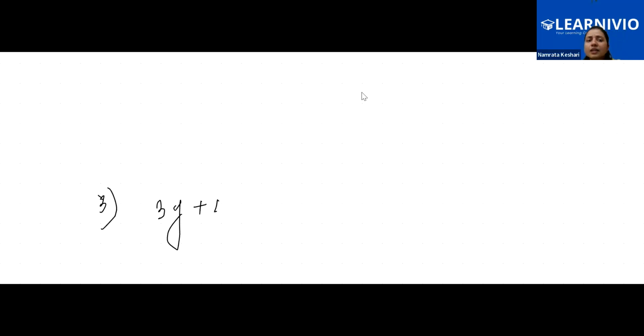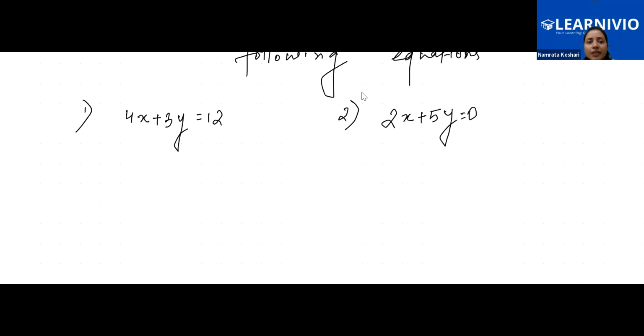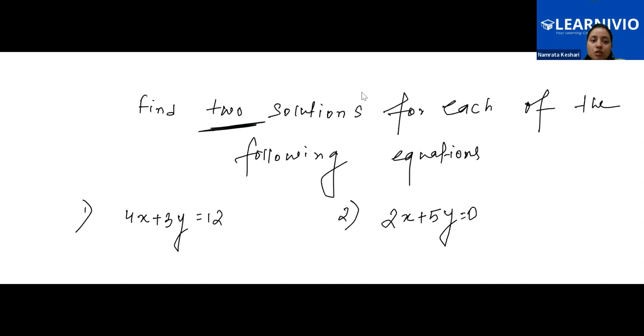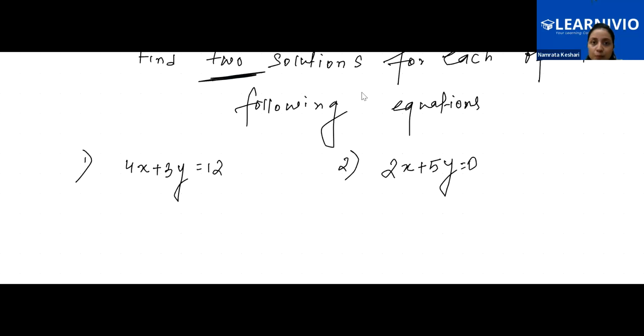These are the three linear equations in two variables. What we have to do here is find two solutions. How many solutions are there? Infinitely many, and we just have to find two. Now how exactly will we find two solutions? There is a process for that. Let's discuss that.